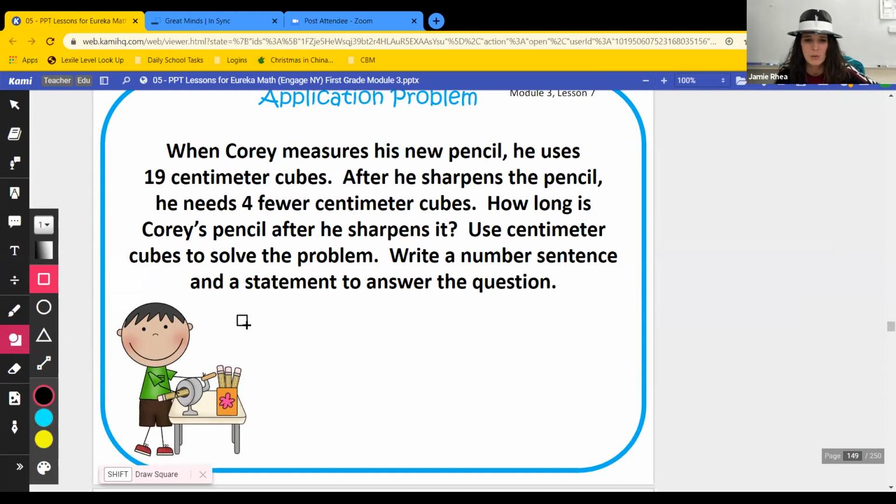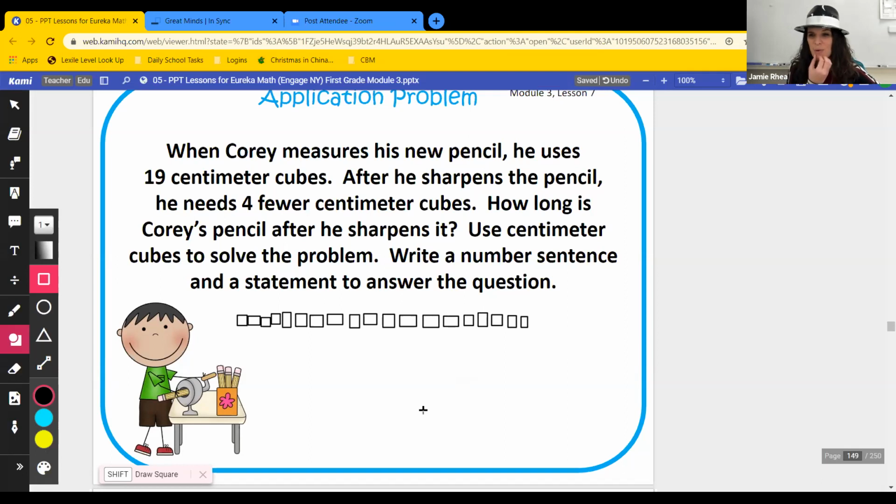Here we go, ready? 1, 2, 3, 4, 5, 6, 7, 8, 9, 10, 11, 12, 13, 14, 15, 16, 17, 18, 19.